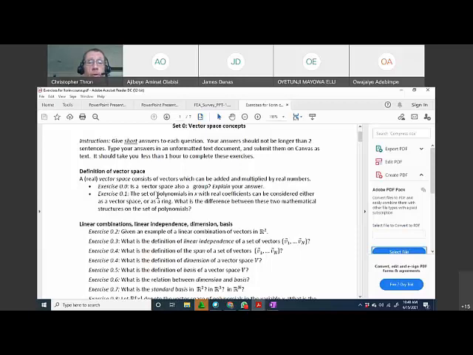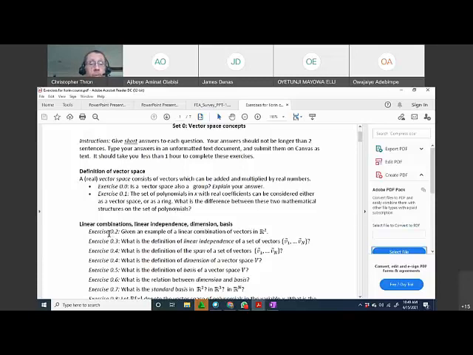A set of polynomials in x with real coefficients can be considered either as a vector space or as a ring. What's the difference between these two mathematical structures on a set of polynomials? If you've had a course in algebra, which I think you should have had as an undergraduate, you have seen the concept of group and ring. So I want to know if you understand the relation between group, vector space, and ring. So those are 2 questions.